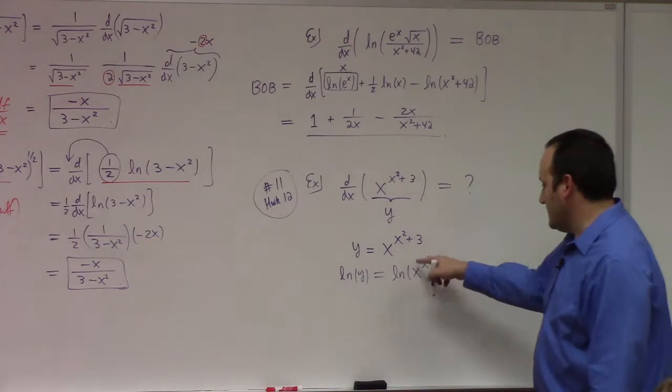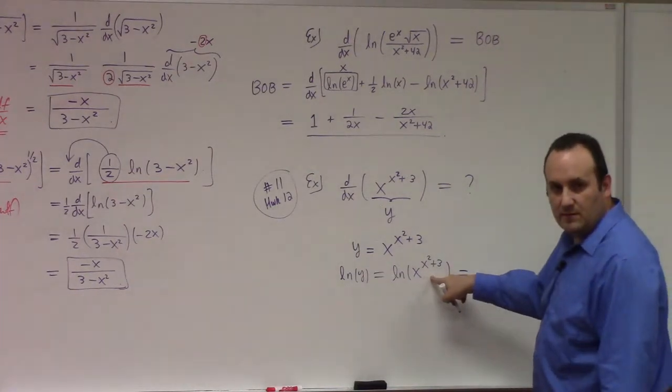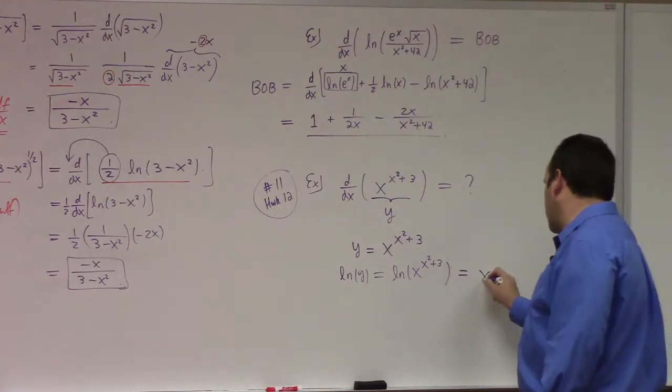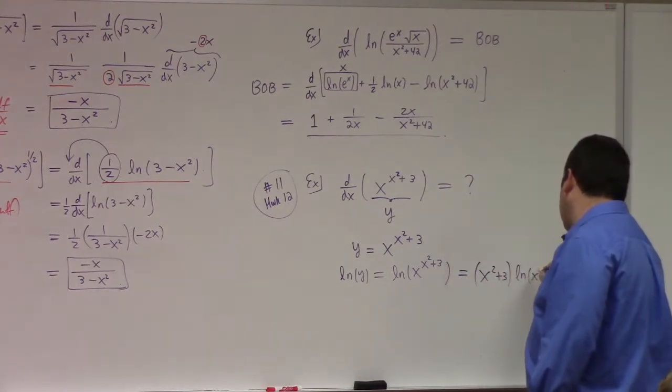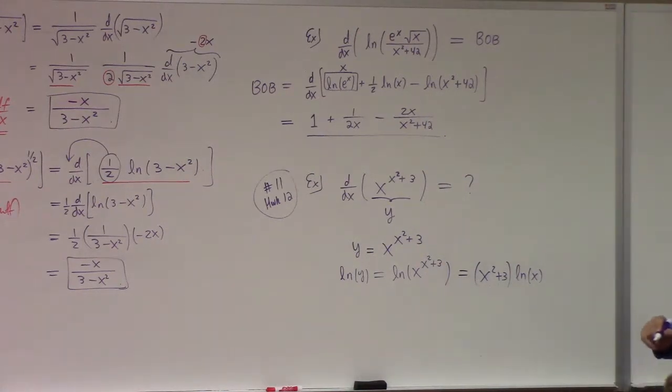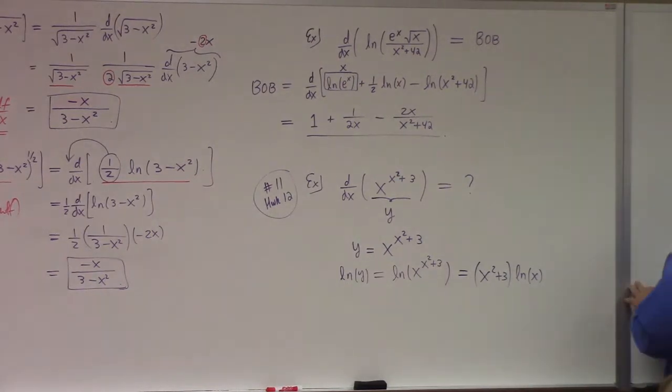The power here is x squared plus 3, so I can pull out x squared plus 3 times the natural log of x. So we have found our way to the natural log of y equals x squared plus 3 times the natural log of x.